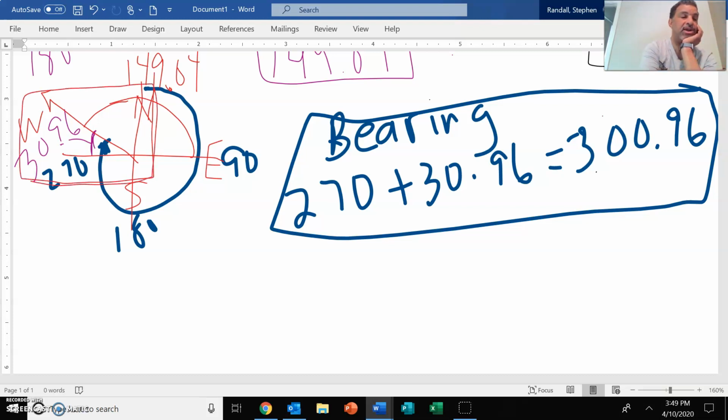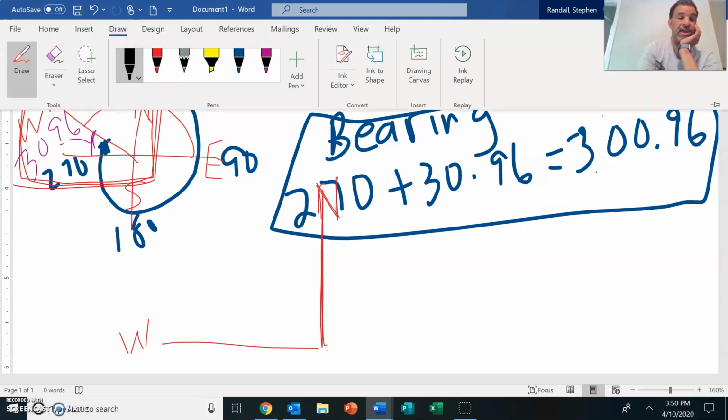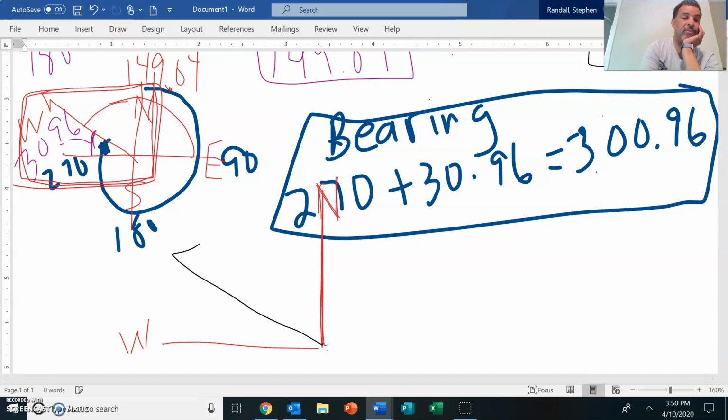So for map bearing, I'm looking at west and I'm looking at north. And I have a vector that goes this way with an angle here of, well, we know this one. Let's go to the other one first.